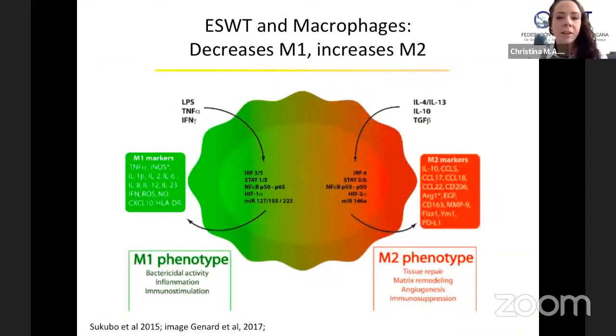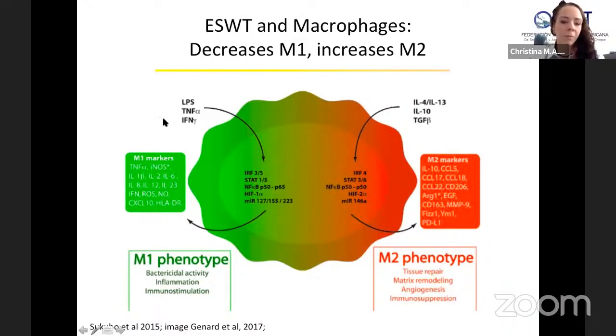To stay in the field of immunomodulation, another very interesting effect is the modulation of macrophages. As we know, macrophages have two phenotypes, the M1 phenotype and the M2 phenotype. Even though they're both macrophages, they're very different in their fields of action.